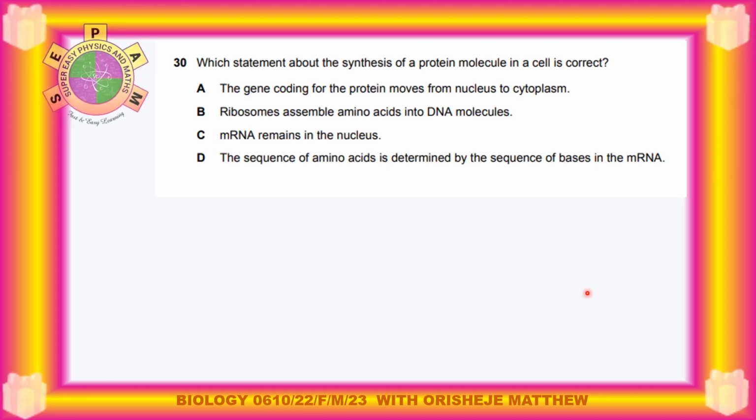Question 30. Which statement about the synthesis of protein molecule in a cell is correct? The sequence of amino acid is determined by the sequence of the base in the mRNA. If you look at it, the gene coding for the protein moves from the nucleus to the cytoplasm? It does not move from the nucleus to the cytoplasm. The ribosome assembles amino acid into DNA molecule? No, it does not assemble it into DNA molecule.